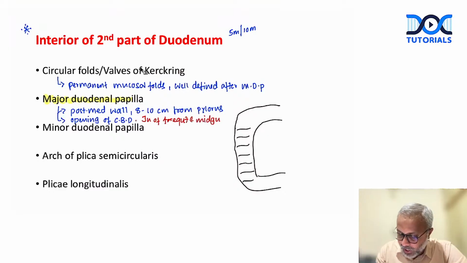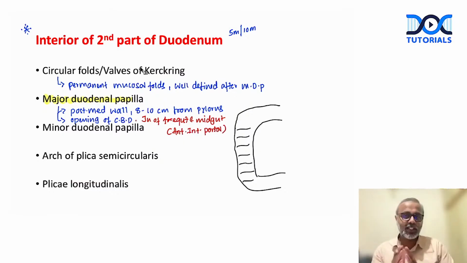Otherwise, we can call this the location of the anterior intestinal portal, which represents the junction between the foregut and the midgut. So let's show the major duodenal papilla here, at about 8 to 10 centimeters from the pylorus, and this is where the common bile duct opens.